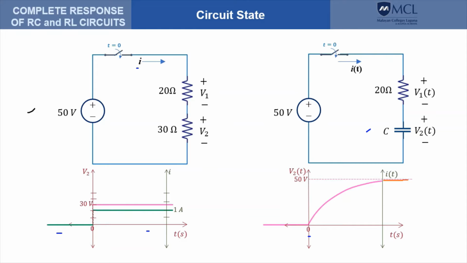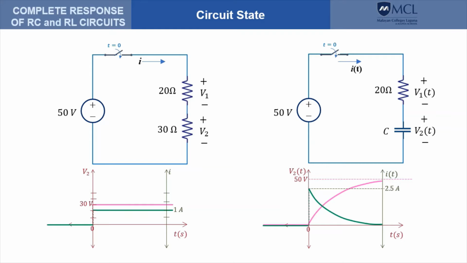We can also plot the current. So the current stays at 0 before t equals 0, and then at t equals 0, it suddenly increases to 2.5 amperes, and from there it starts to decrease towards 0 and stays at 0 as time increases.